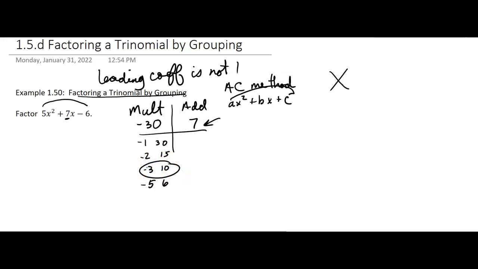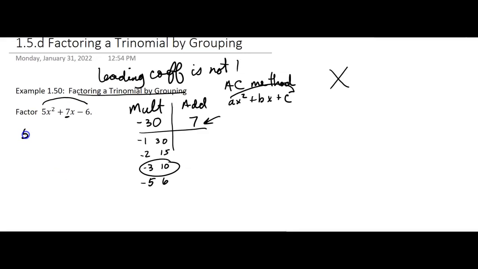Now, the difference though is you don't get to just make the parentheses. What we do is it's like we're doing FOIL, but we're undoing it. We're going backwards with FOIL. So you have 5x squared, that's the leading term, but now your 7x, you're going to split it into a negative 3x and a positive 10x.